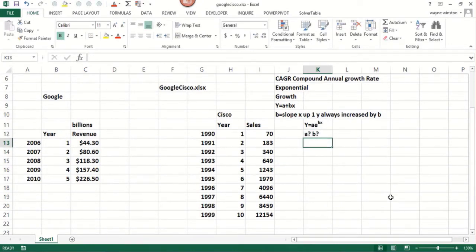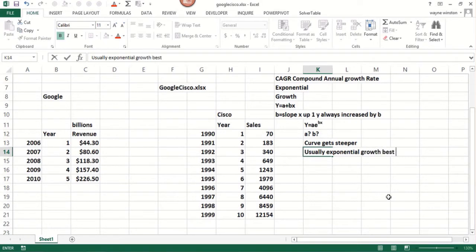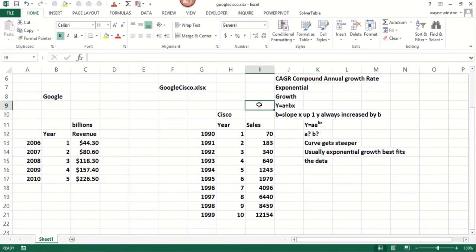And basically, if a curve gets steeper when you plot it, usually exponential growth best fits the curve, the data.